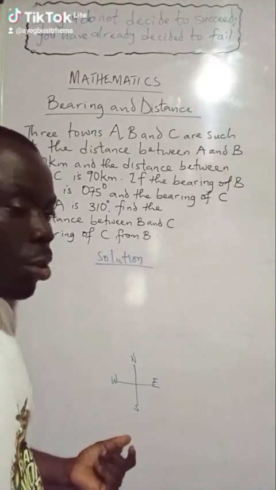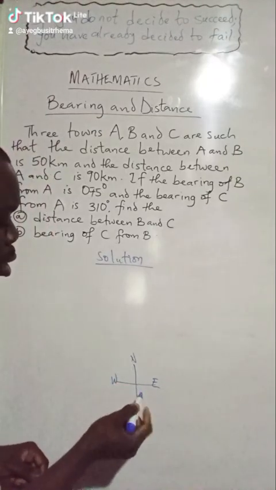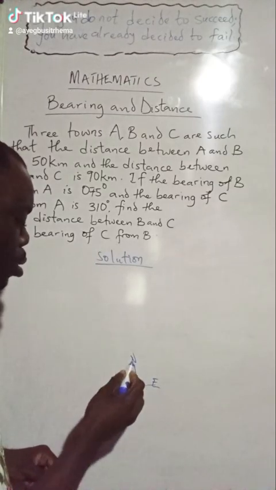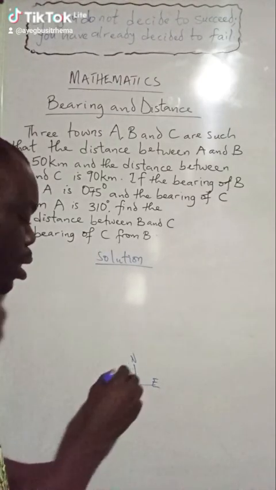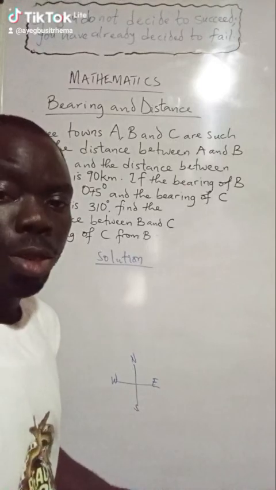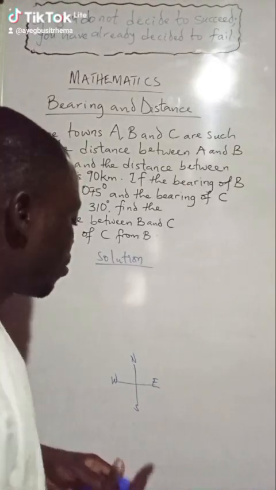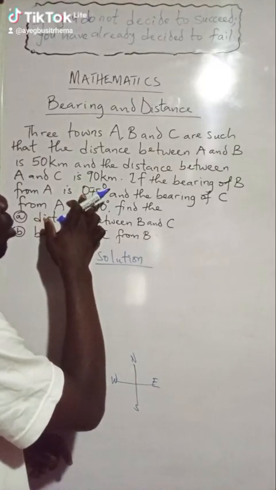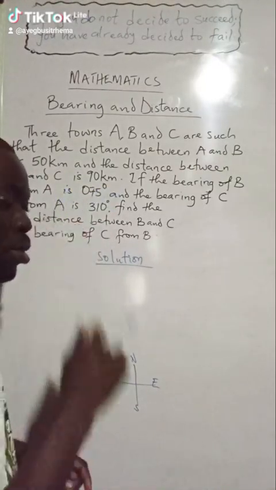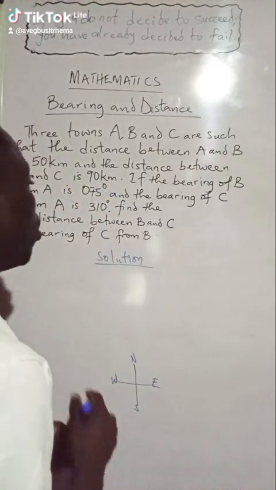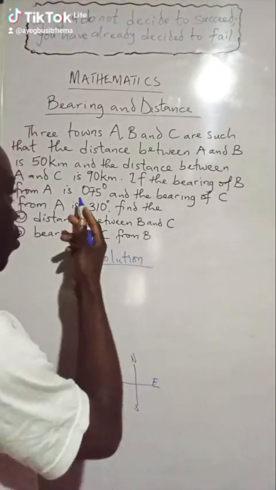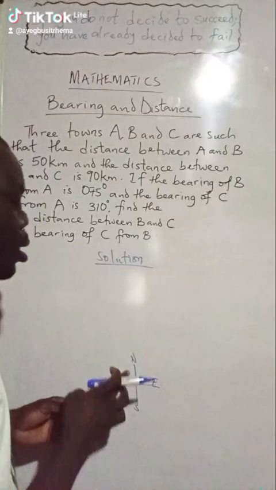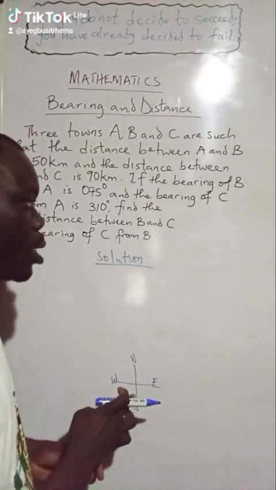These are the 4 cardinal points that include 90 degrees between north and east, 90 degrees between south and east, southwest, northwest, 90 degrees in each of them, making a sum of 360 degrees. Right? So, according to this, when the 0 is written before the bearing that is given to you, or if nothing is written before it, it's just a plain angle like this, it shows that it starts from north. All right, it starts from north.